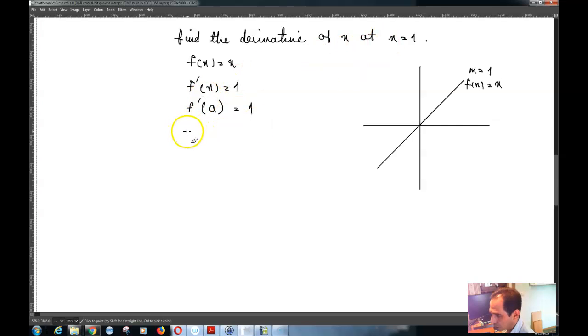And of course you can say that f prime of 1 is equal to 1. And the right answer is 1.